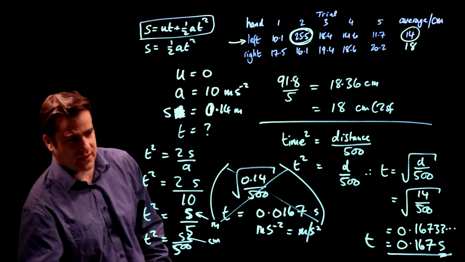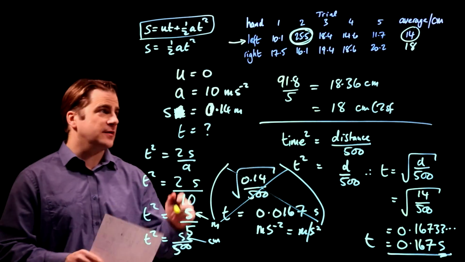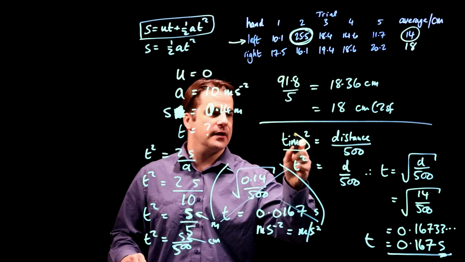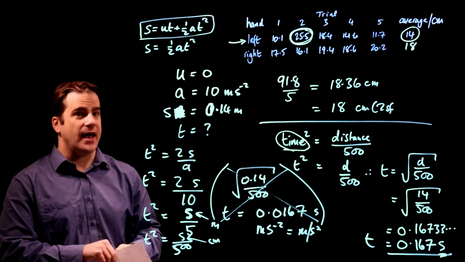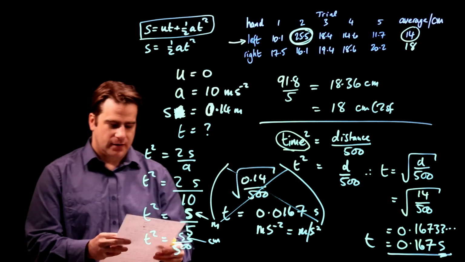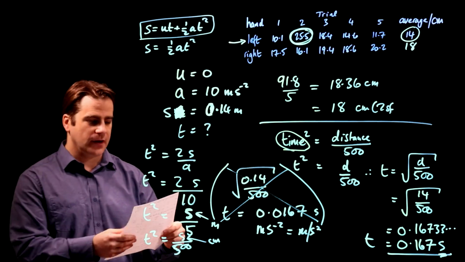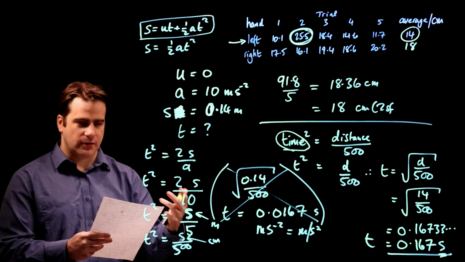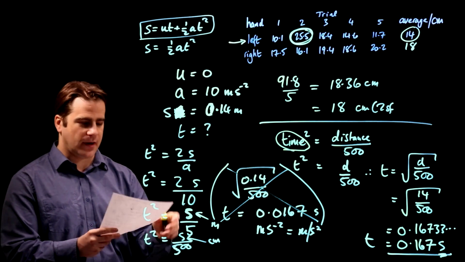So let's go with age, right? Let's say we want to see how the reaction time varies with the age of the person catching it. So what you do, it's only a 2-mark question, okay? So don't do too much. You don't need to say a huge amount.